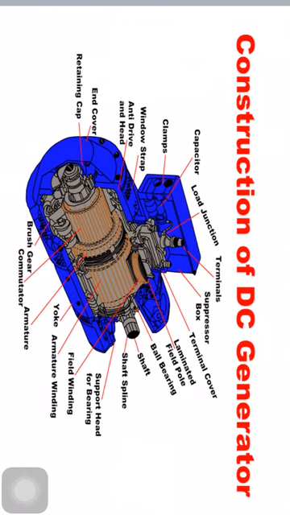A flexible copper conductor called a pigtail is used to connect the brush to the external circuit, and its function is to collect the current from the commutator and make it available to the stationary external circuit. That is the brush gear.